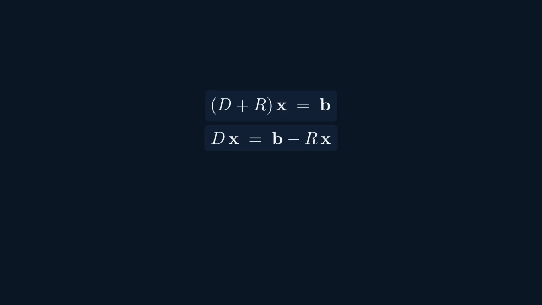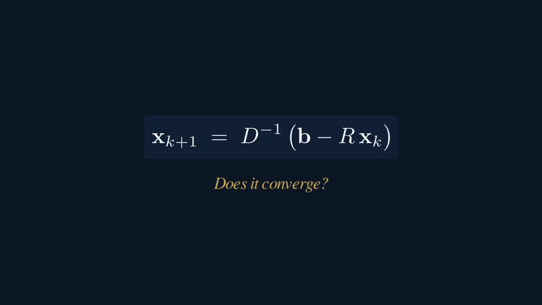Move R times x to the other side, D times x equals b minus R times x. Multiply by D inverse, and you get a fixed point equation, x equals D inverse of b minus Rx. Now iterate. Given a current guess x sub k, the next guess is D inverse of b minus R times x sub k. Simple. Cheap per step. But does it converge?